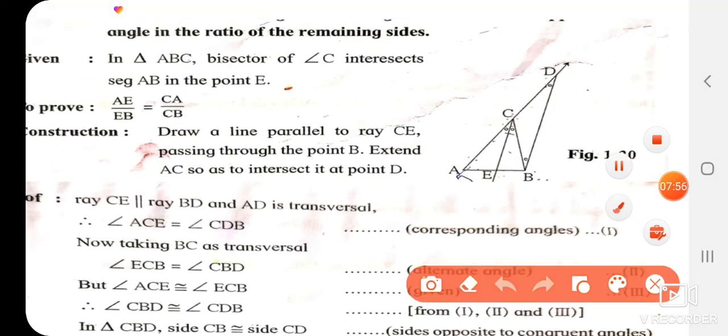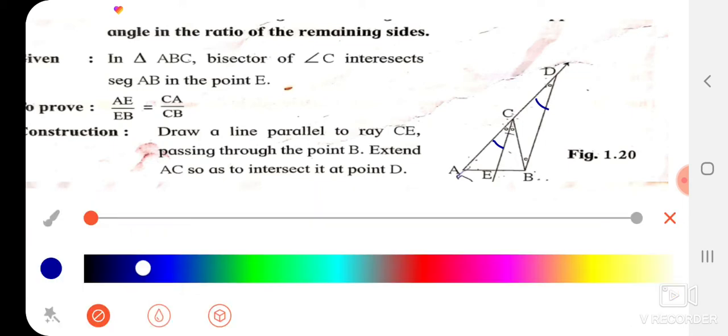Now, since CE is parallel to DB and AD is the transversal, we can say that angle ACE is congruent to angle CDB. The reason is they are corresponding angles. Now let us take again CE parallel to DB, and this time we will take CB as the transversal.